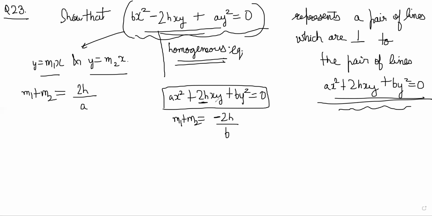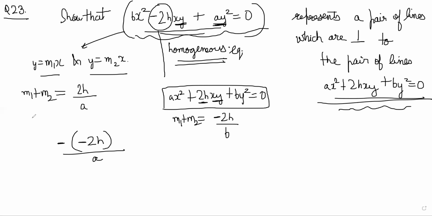So here 2h was the coefficient of the xy term and b was the coefficient of y square. Now here, the coefficient of the xy term is minus 2h, so we'll say minus of minus 2h by the coefficient of y square, which here is a.